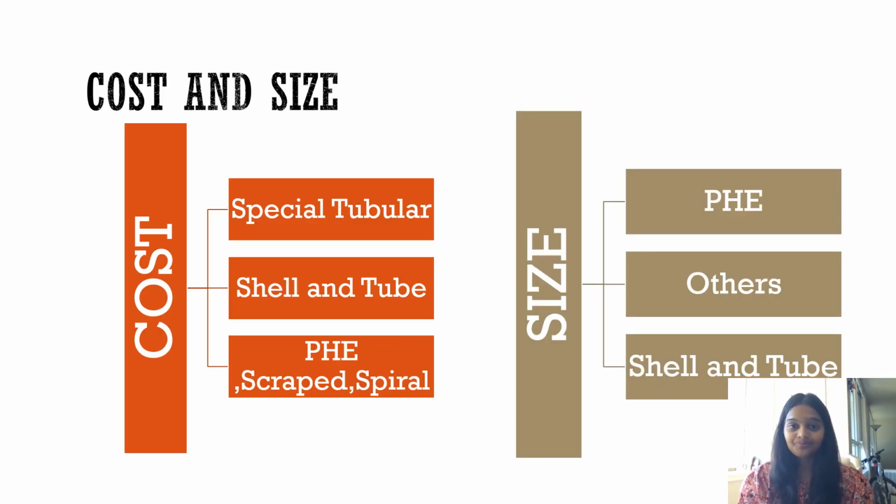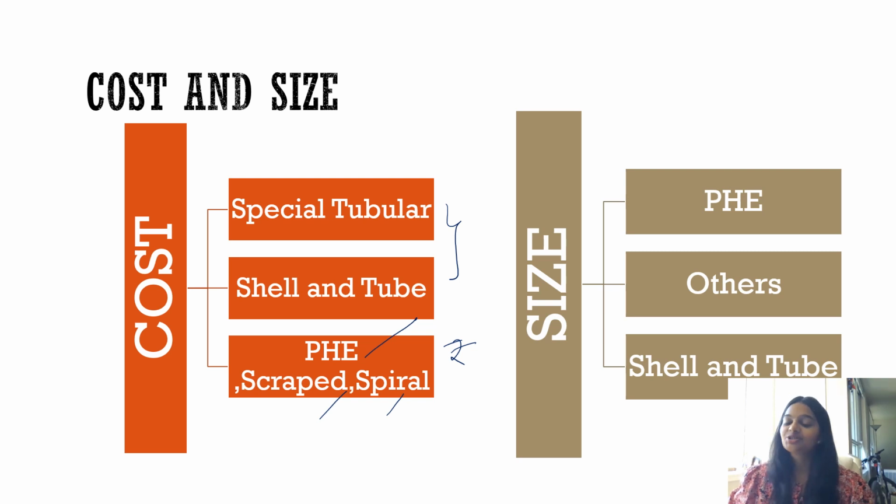Going to the next one, it is based on cost and size. For cost, the special tubular and shell and tube are the lower priced, whereas the plate heat exchangers, scraped surface and spiral are more costly. So based on what application you have, you have to decide the cost and its function.